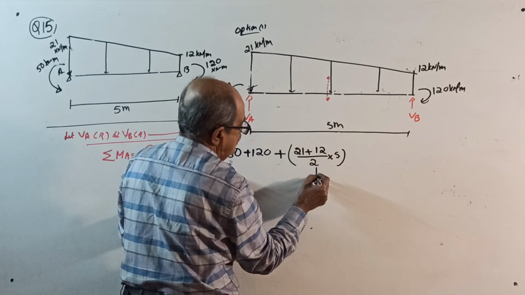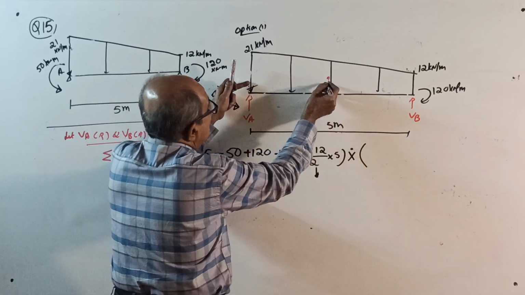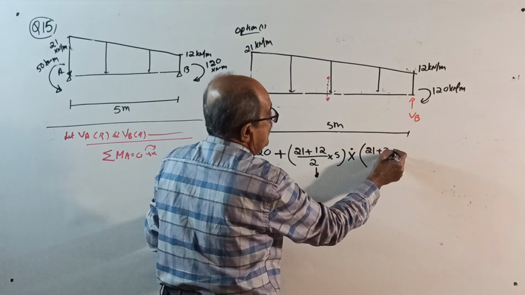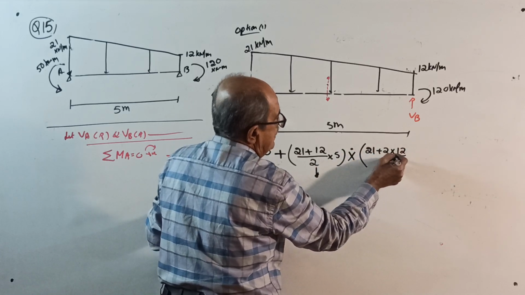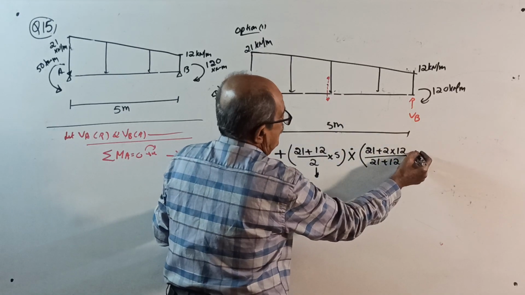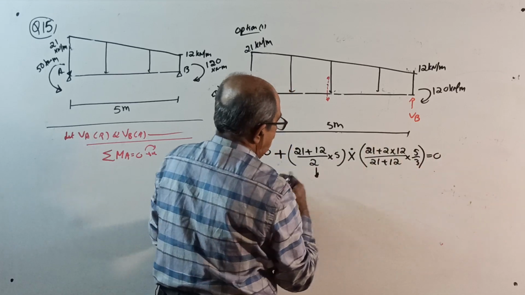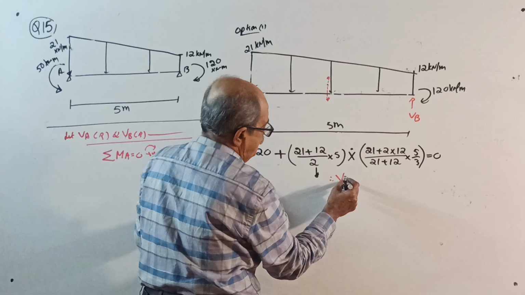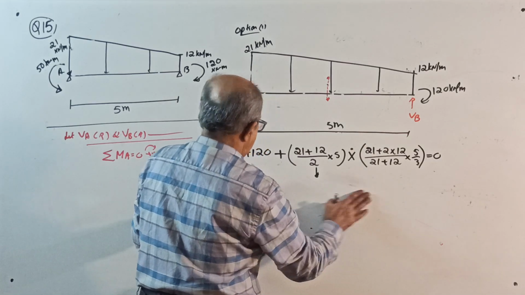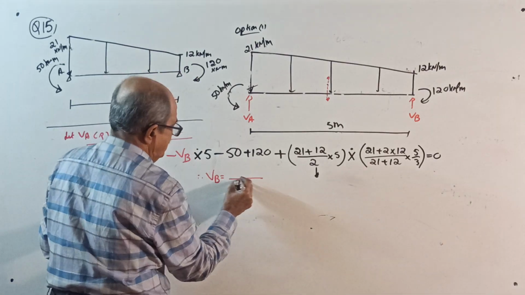From here to centroid is 21 plus twice of 12 divided by 21 plus 12 into 5 divided by 3, equal to 0. You get the value of VB. Therefore, VB will come in kilonewton.